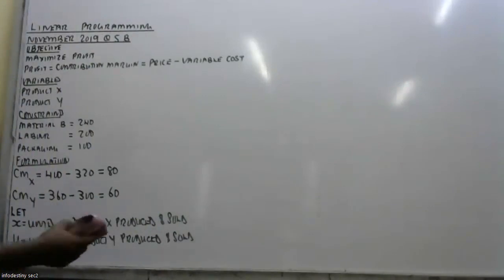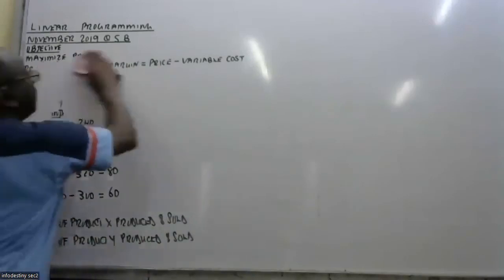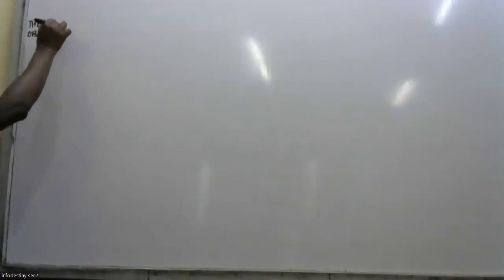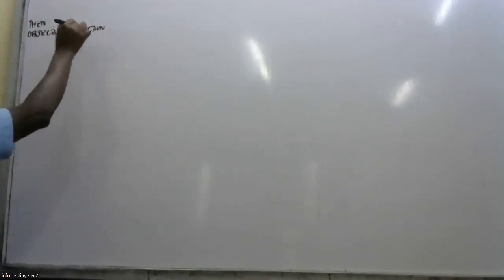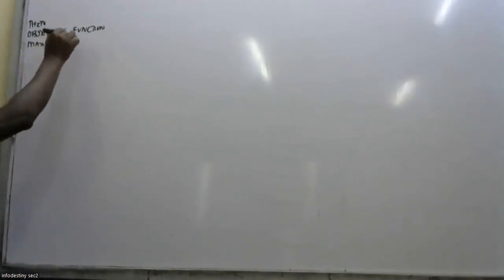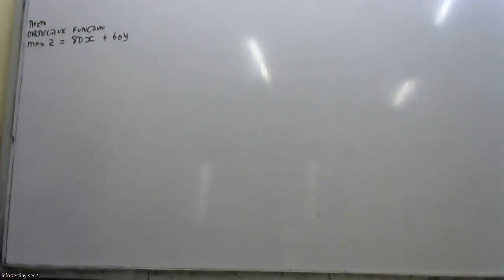Then the objective function is to maximize Z, which is 80x plus 60y. That is the objective function.